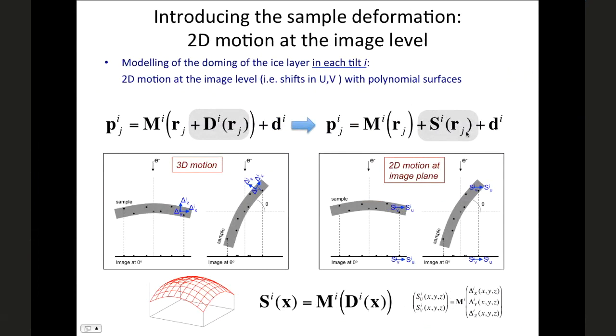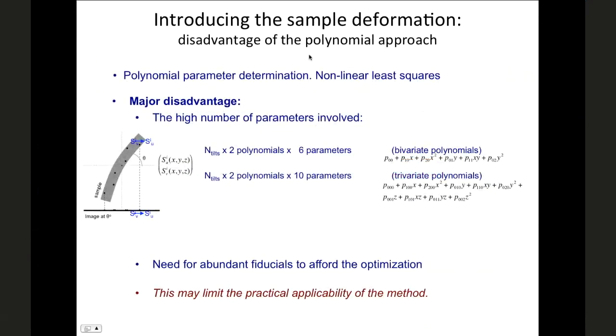And now the polynomial parameters have to be determined, how, with the nonlinear least squares procedure I described before. And here we come to a major disadvantage of the method, the high number of parameters involved.